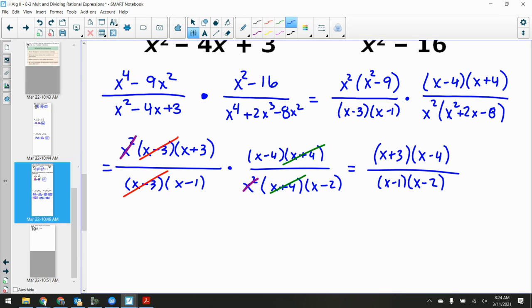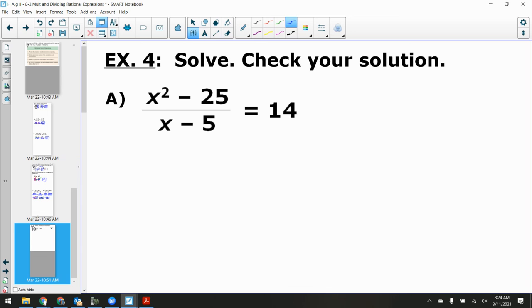Okay, but you can solve equations using rational expressions too. And I want to show you a type of equation that's going to come out pretty nicely. This is a special case, when a rational expression is equal to a number.